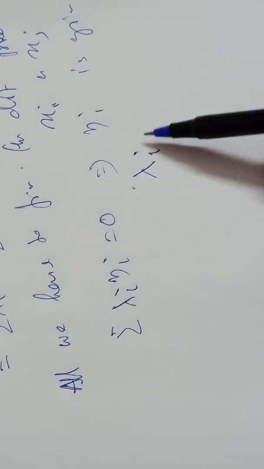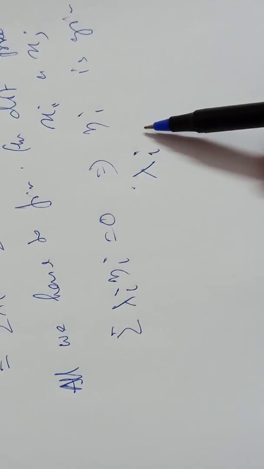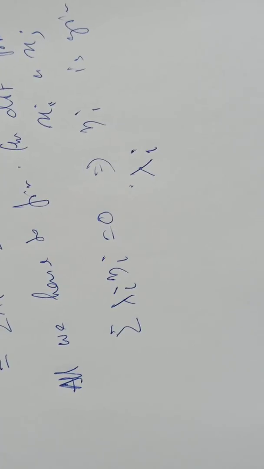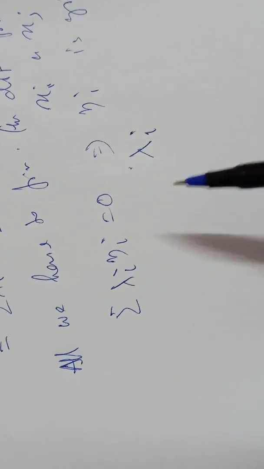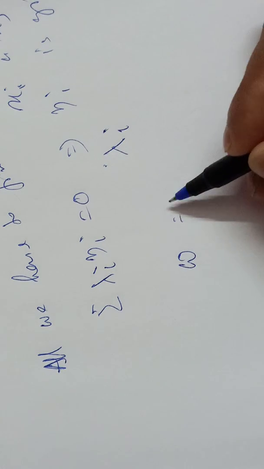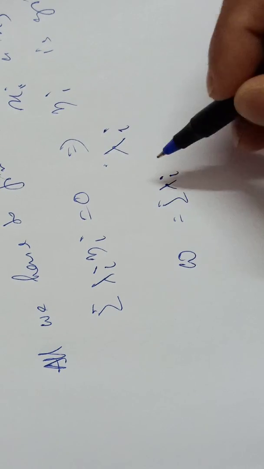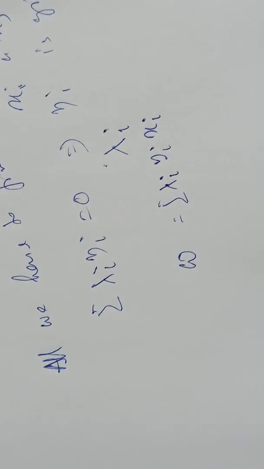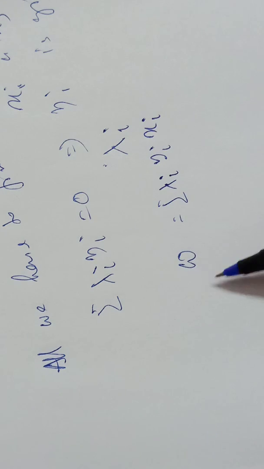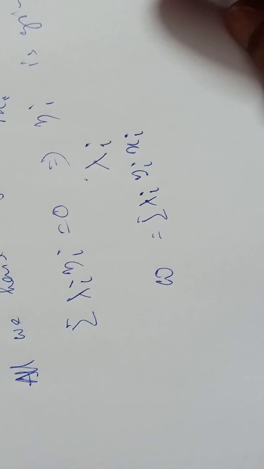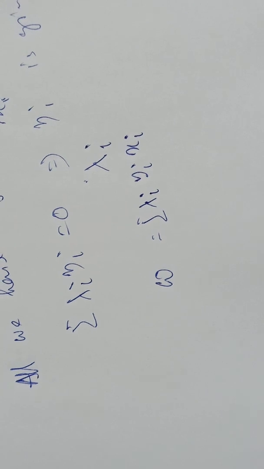Now if a new data point comes, after knowing this lambda, we can get the maximal margin separating hyperplane as w equals simply the sum of lambda I, yi, xi. If we can find this value, immediately we can get the classifier.